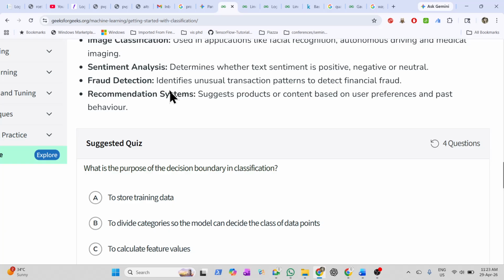And recommendation systems: based on the products or the content you prefer, you watch, you will get new recommendations based on that.